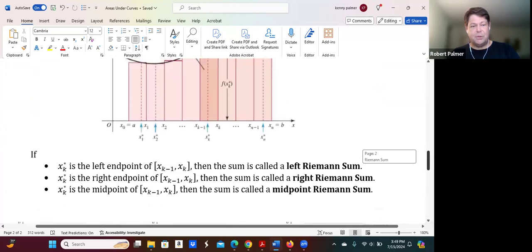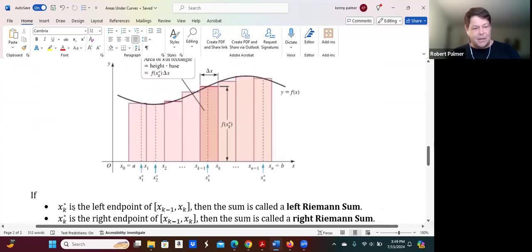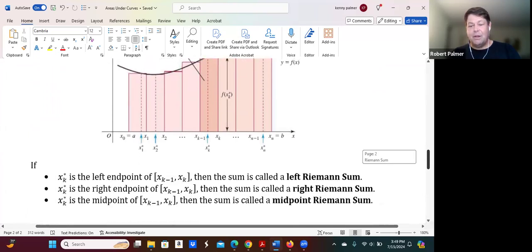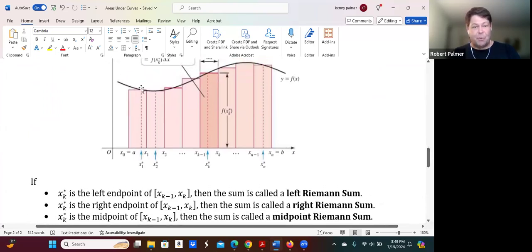Now, a few more things to mention. This x of k star is where we actually get the height of a rectangle, where it crosses the function. Like I said, the most common ones are left, right, and midpoint. If you use the left endpoint, that's called a left Riemann sum.